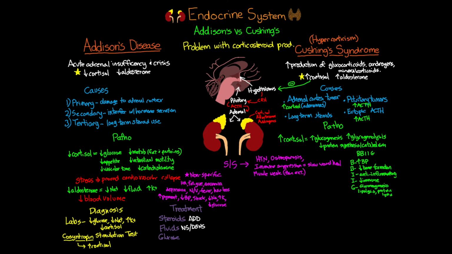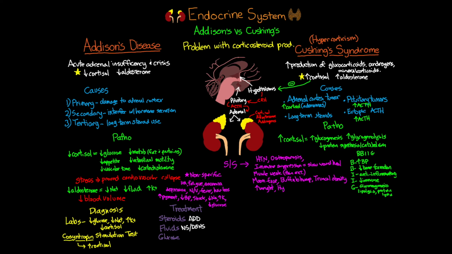And due to the increase in the storage of fat, you're going to see things like moon face, which is that big round face, the buffalo hump, which is fat storage on the back, as well as just a general truncal obesity. As a result of all this, you're typically going to see weight gain in these patients.